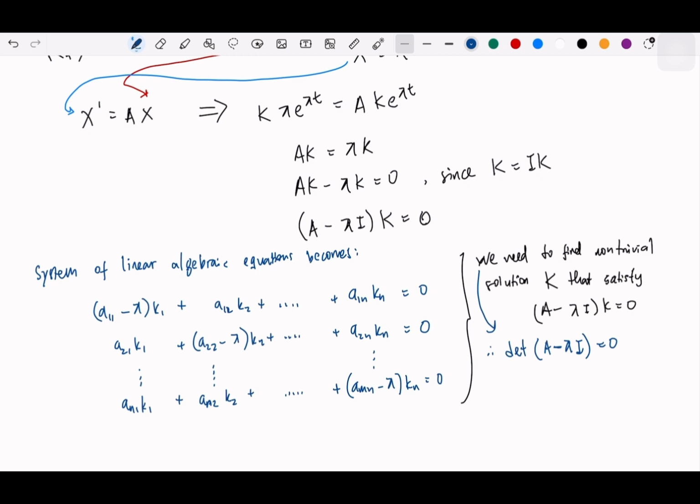And again, this will give us the characteristic equation to find the eigenvalues. And then we expect to get the solution x = k e^(lambda t).